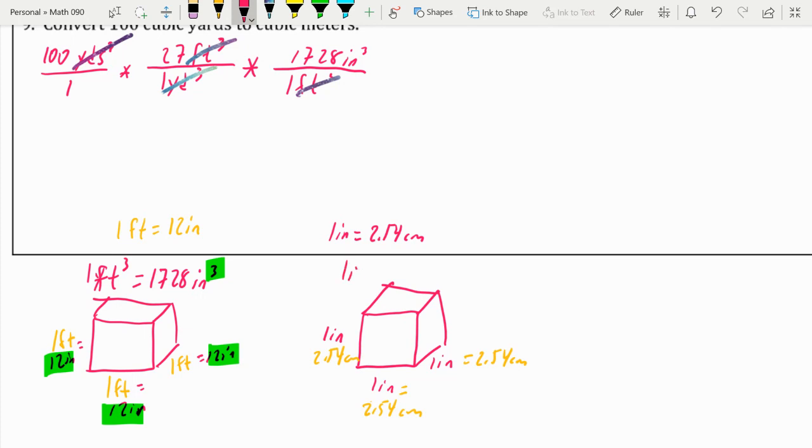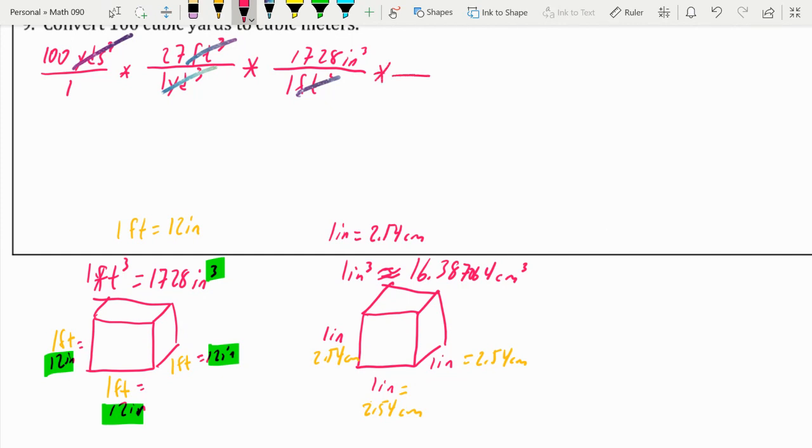So I know then 1 cubic inch is approximately equal to 2.54 to the third power. That ended up being 16.387064 cubic centimeters. I'm trying to be as exact as possible, so I'm not going to round too much.